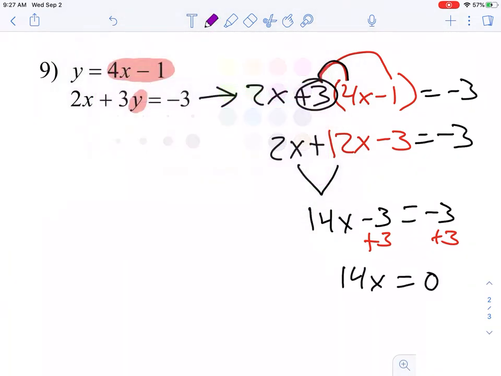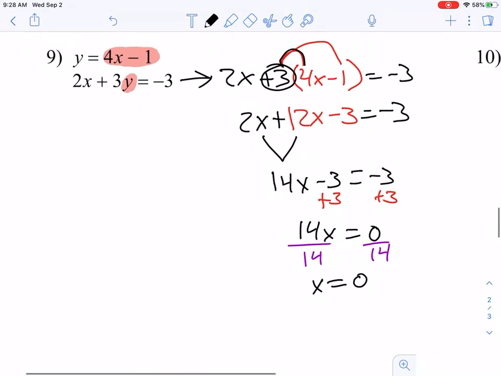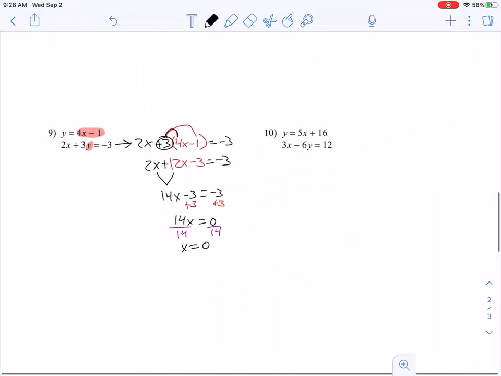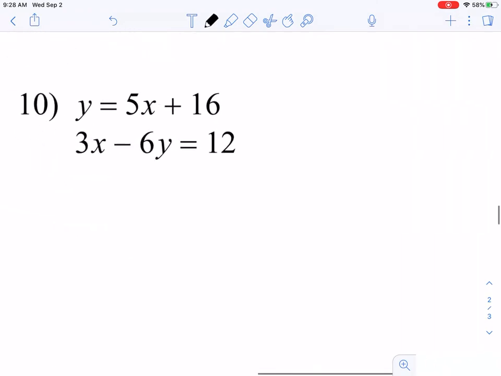So as long as we know our inverse operations, if we can tell what's opposite of addition and what's opposite of multiplication, and we do it in the right order, we can solve equations. So in this one, x equals 0 because negative 3 plus 3 is 0, and then I divide 14 to both sides.